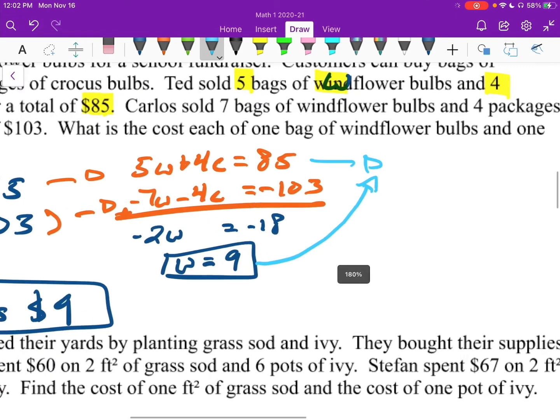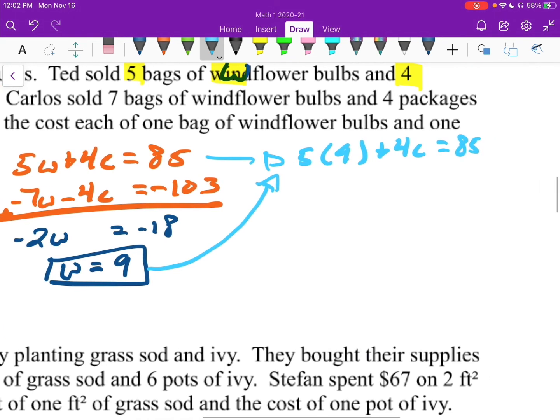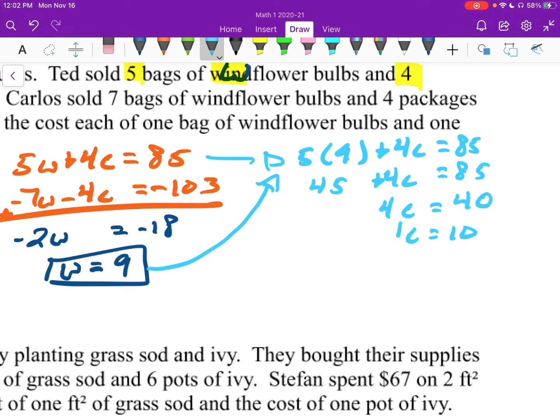So I'm going to say, well, 5 times 9 plus 4C is 85. This is 45 plus 4C is 85. I'll subtract 45 from both sides, and I'll have 85 minus 45 is 40. So C is going to be 10.